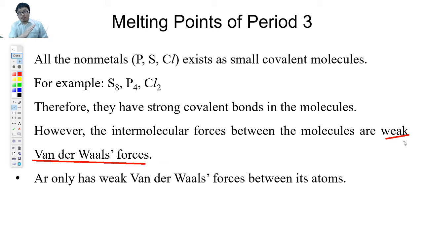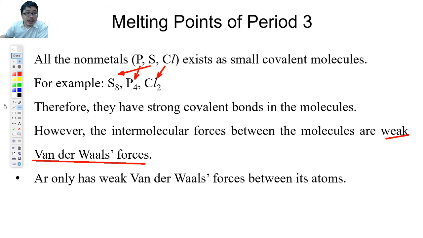But sir, how come it decreases? For that, you need to analyze. It's very simple. S8, P4, Cl2. What does it mean? It turns out phosphorus doesn't exist as phosphorus alone. It exists as a molecule called phosphorus 4, P4. Sulfur exists as S8 and chlorine exists as Cl2.